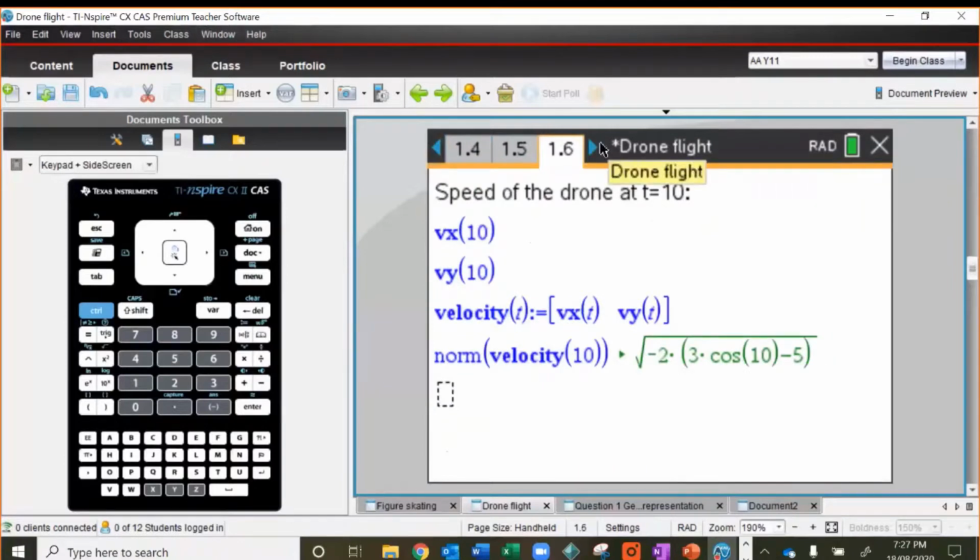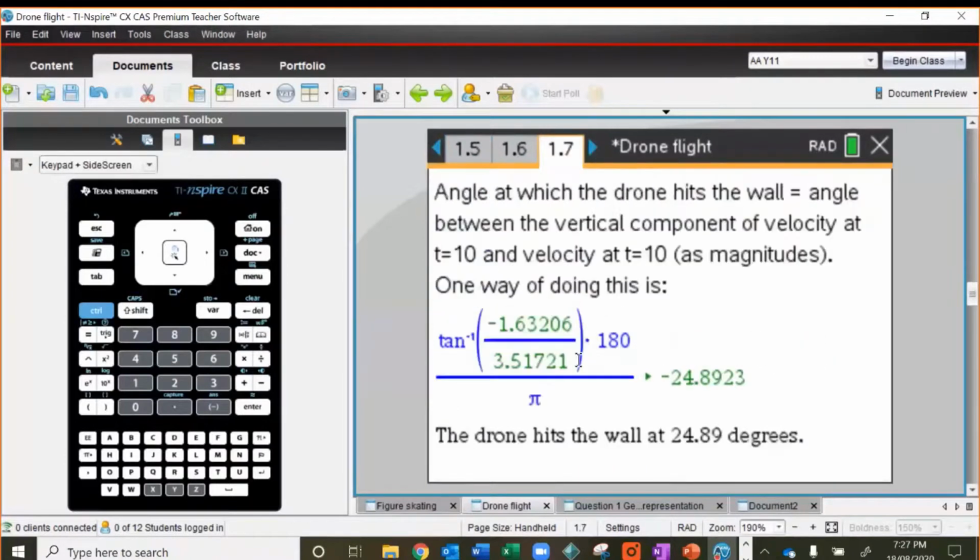We can set it up by finding the inverse tan of the horizontal component at 10 over the vertical component at 10. Because I'm in radians to draw everything, I need to multiply by 180 over pi to get the angle in degrees. So the angle is 24.89 degrees. This is the angle between the velocity and the vertical.